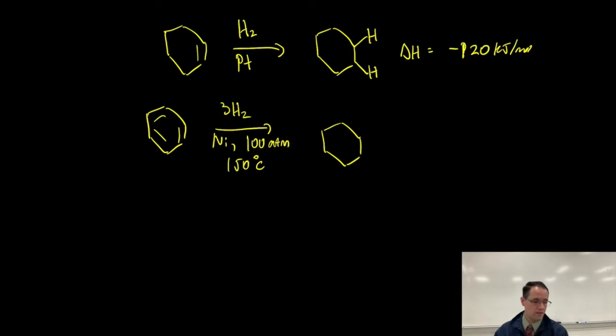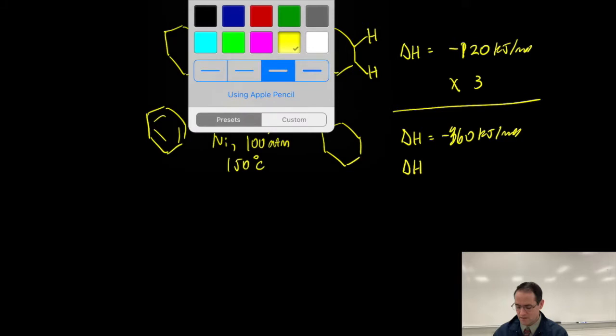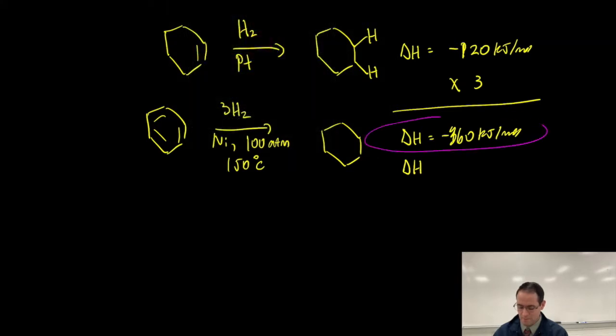I won't draw all the hydrogens in there. Now, because there are 3 alkenes, they expected a certain amount of heat released here, minus 360 kilojoules per mole, okay? But what they got instead was only 208 kilojoules per mole being released.